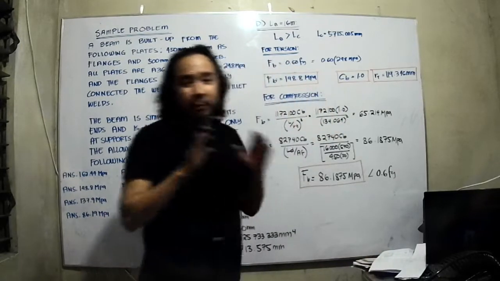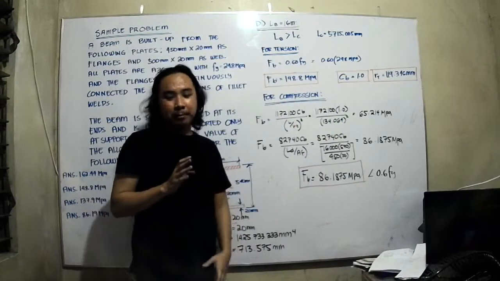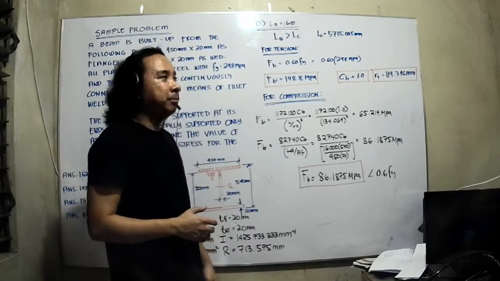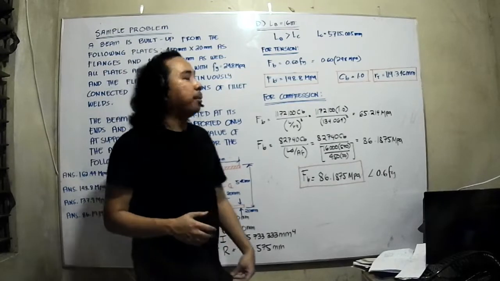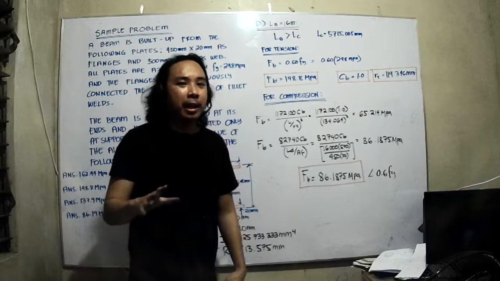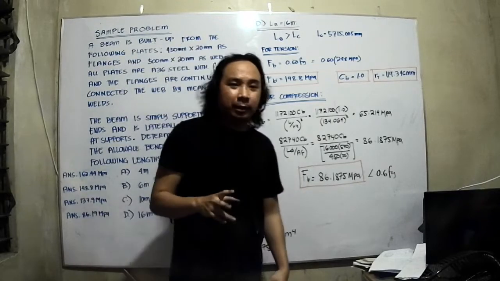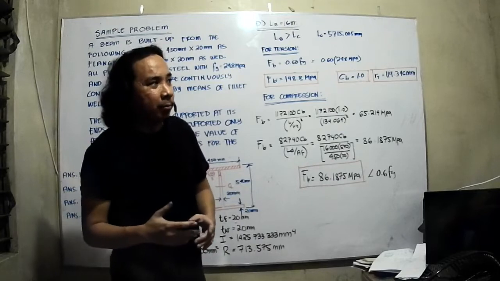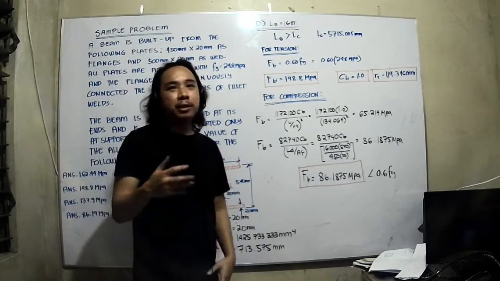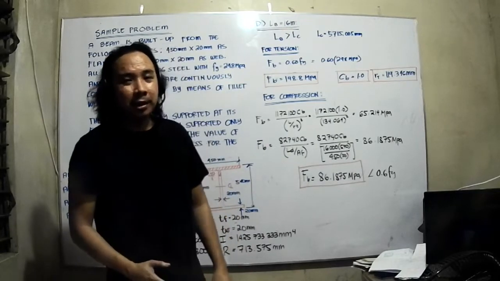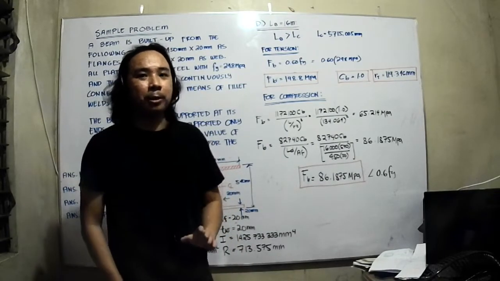Now, I'm giving you a late Christmas gift. I've decided not to include the combined effects of axial and bending. But I will still post it in the group in the future as additional knowledge.